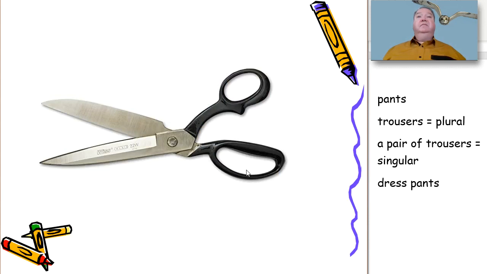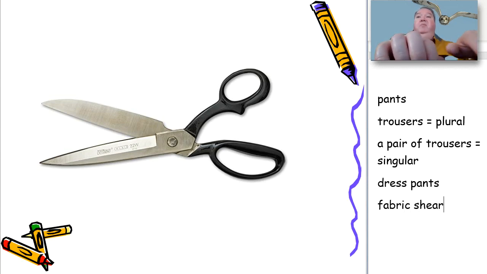Shears. Shears are simply large scissors. In Korea, shears are very common in the kitchen. Kitchen shears, like large, strong scissors for cutting. These look more like fabric shears that you would use to cut material to make clothes from.